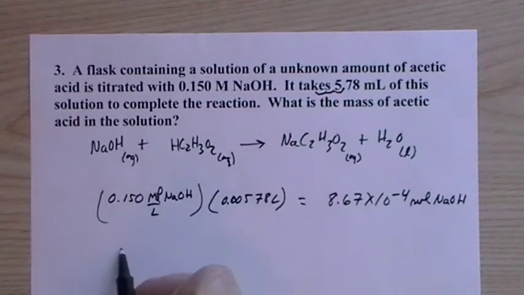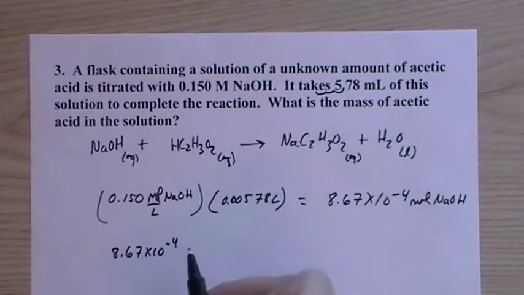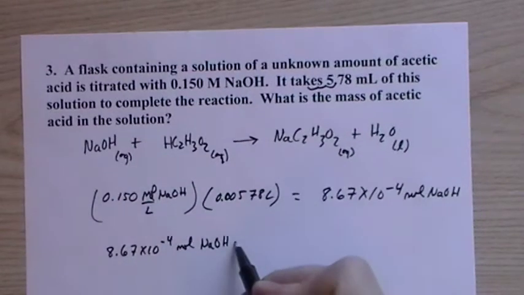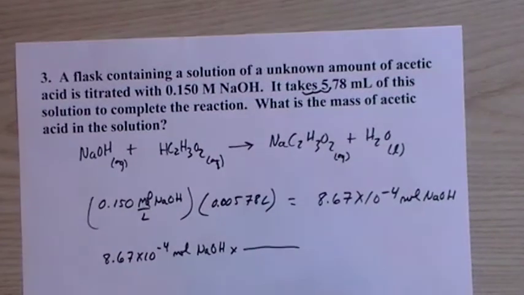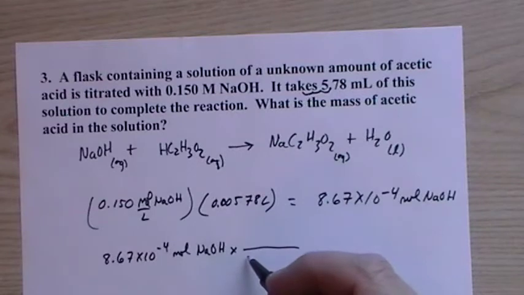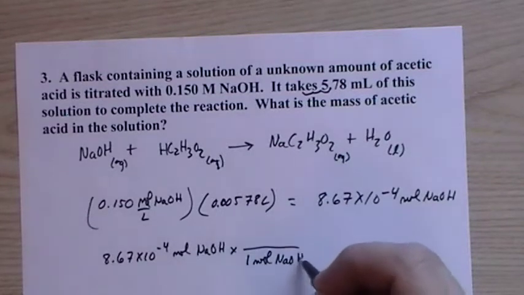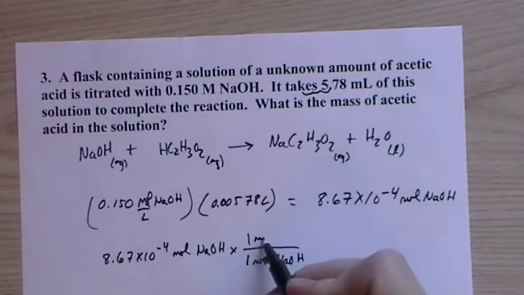Okay, and then once we have the moles of the sodium hydroxide, we can then use the equation to determine how many moles of acetic acid reacted, and then convert to grams. So 1 mole of sodium hydroxide will react with 1 mole of acetic acid.